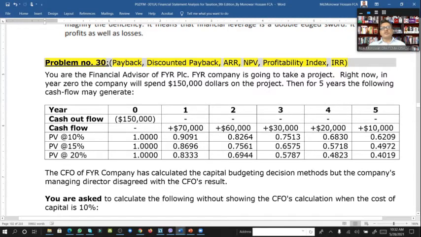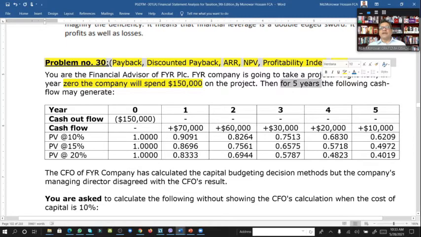So here are 7 techniques within one math. Here the company in year 0 spends $1,50,000 on a project.